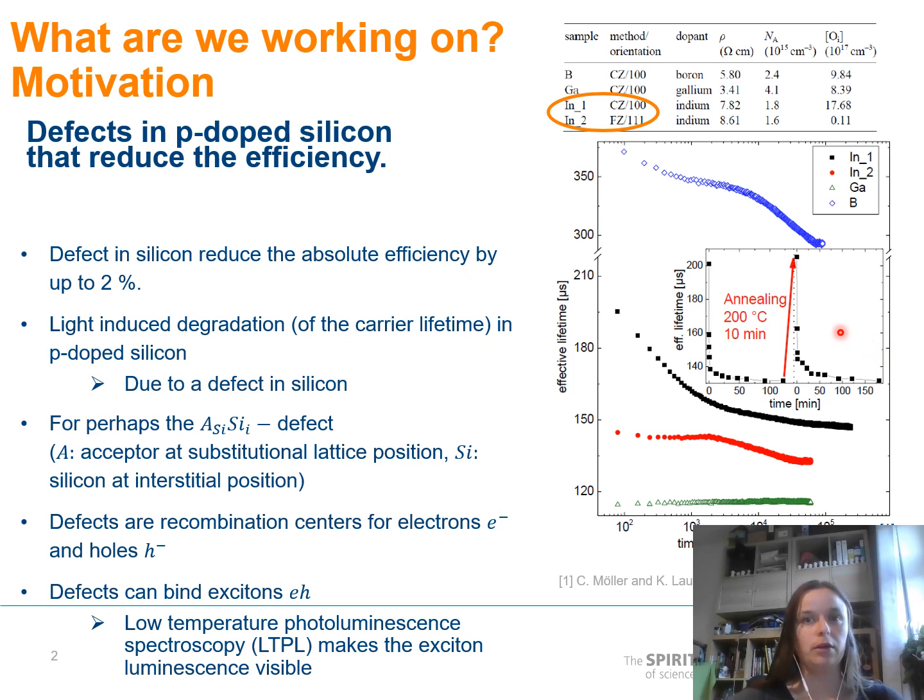This carrier lifetime degradation can be detected in both indium-doped float-zone and Czochralski samples, and could perhaps be the LID defect. Photoluminescence is a very sensitive tool to study impurities and defects in semiconductors, because the extrinsic or bound excitons have high recombination efficiency, so we use photoluminescence to study this defect.